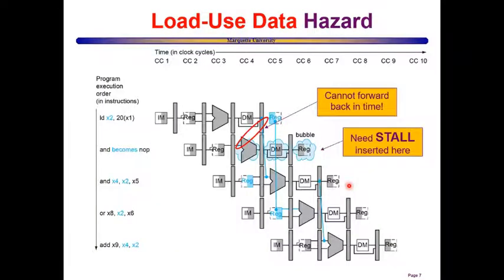Now, there is, however, a situation where forwarding would not work, and that is this special case called the load-use data hazard. That is the case where we would have a data hazard between a load instruction and any other instruction that would use the result of that instruction. The reason forwarding is not working is that we would need to forward back in time.